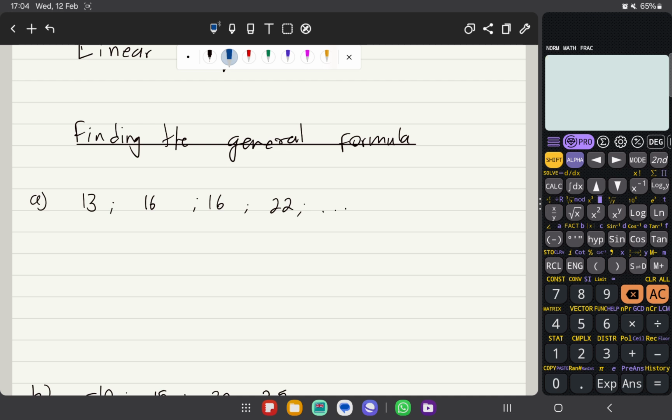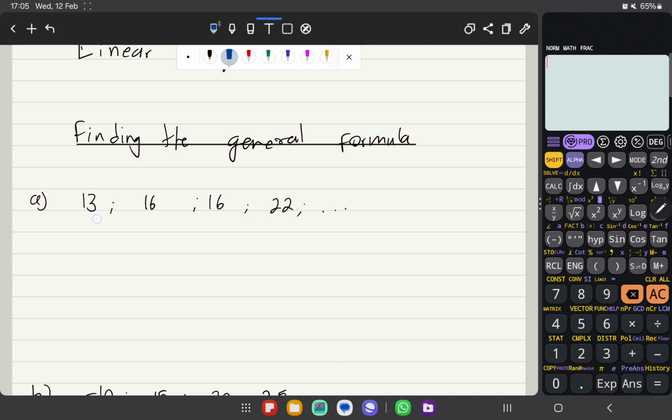But you'll see that your life gets way easier the moment you start practicing and solving some problems. Like we have here, they say find the general formula, which is the rule that gives us the numbers that follow these numbers, and so on. So let's get into it.